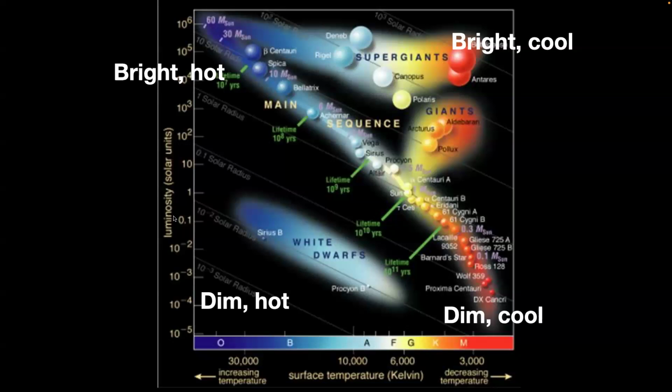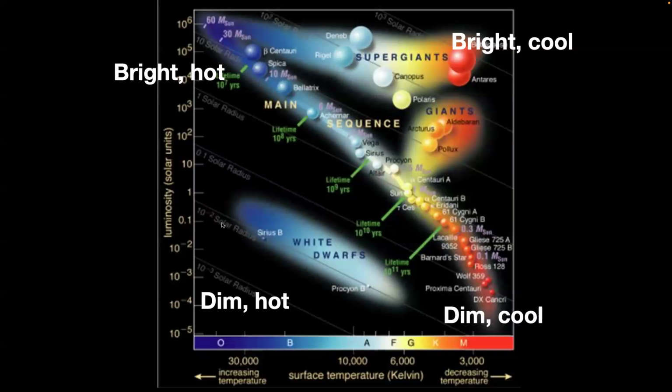So the last quadrant, we're back over here. This houses the dim stars that are very hot. So these kind of mostly consist of white dwarf stars, and we'll talk about them in a later lecture. But basically, these are kind of the carcasses of stars that used to be on the main sequence here.